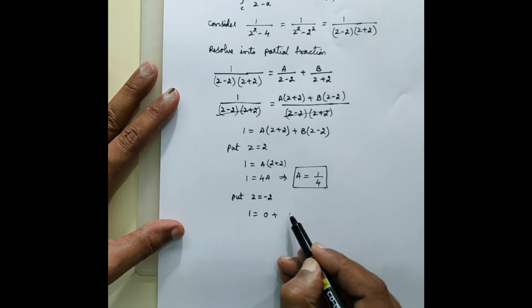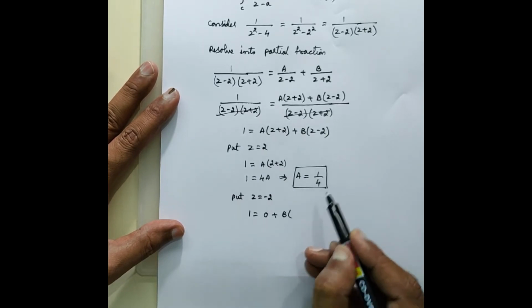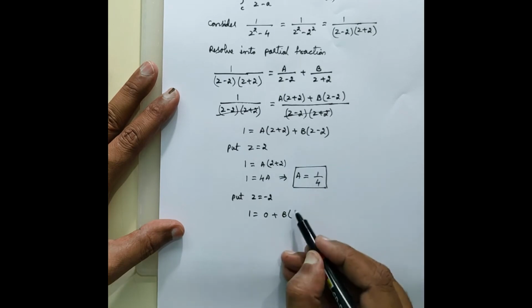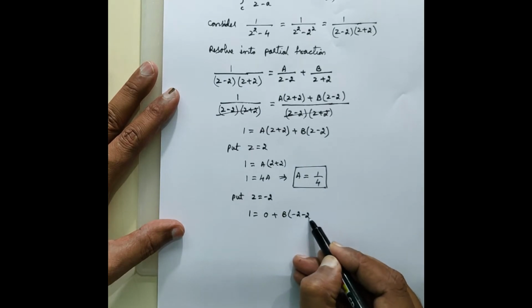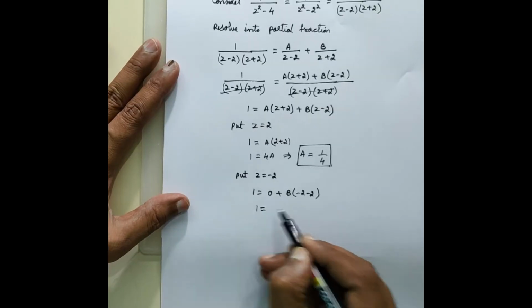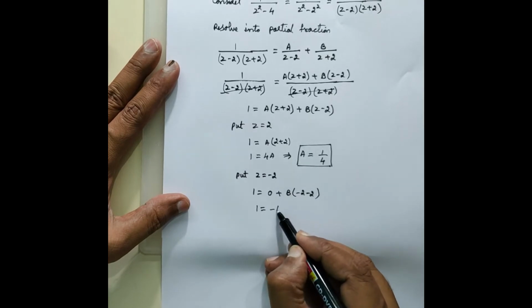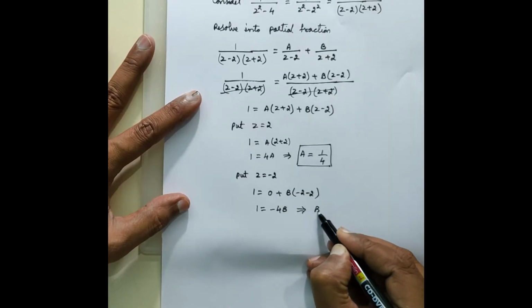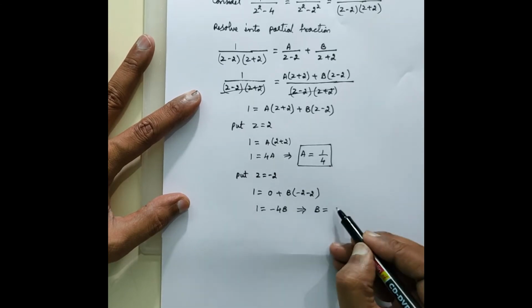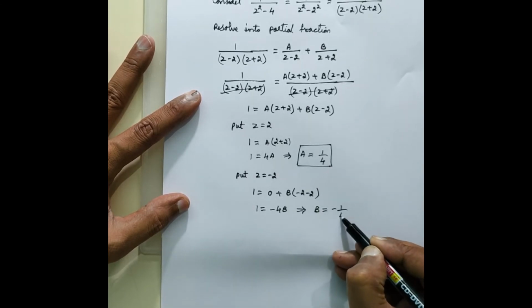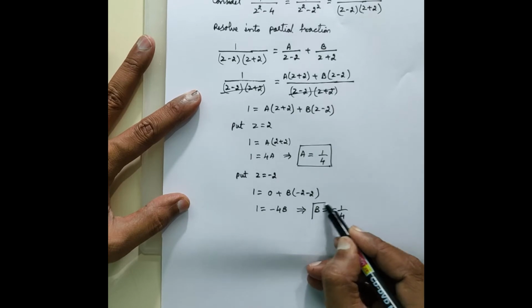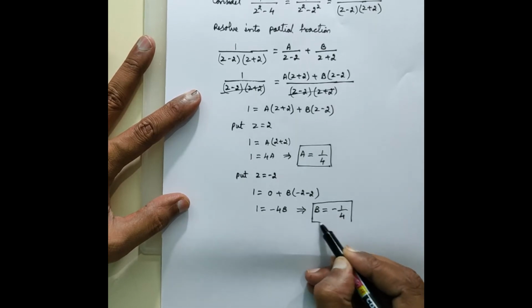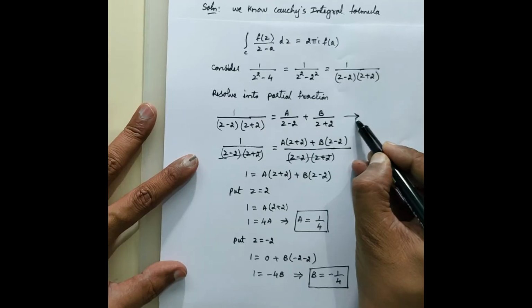That is 0 plus b times of z value, which is minus 2, so 1 is equal to minus 4b. Therefore the value of b will be, cross multiplying minus 4 on the other side, minus 1 by 4. So hence you got the value of b to be equal to minus 1 by 4.